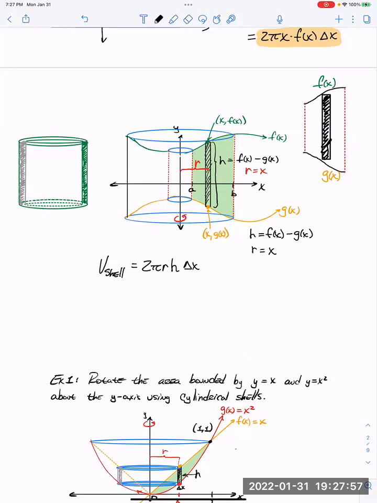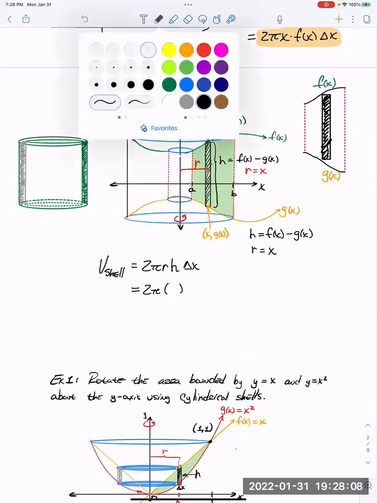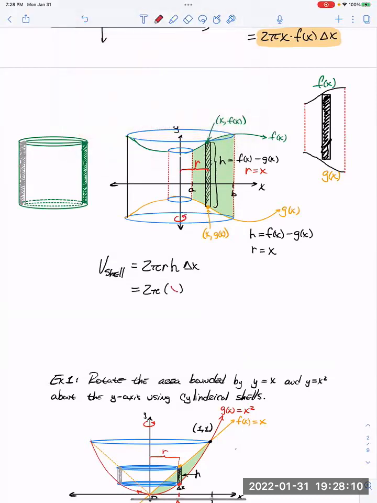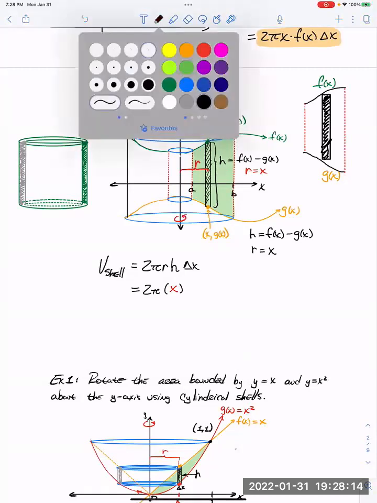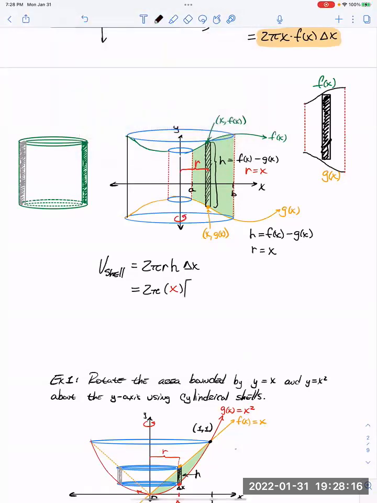So in this problem, the volume of the shell is 2 pi times an r value and an h value. Our r value, we already know, is equal to x. But what about our height? Our height is the difference between the larger y value and the smaller y value.